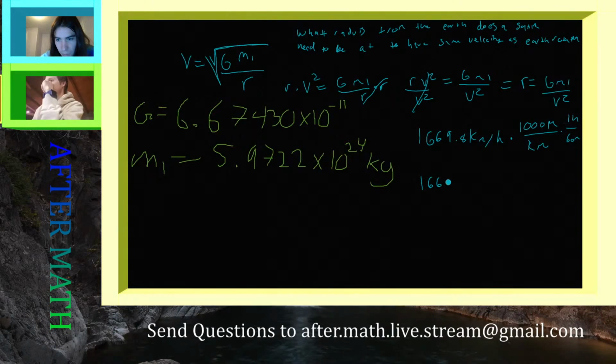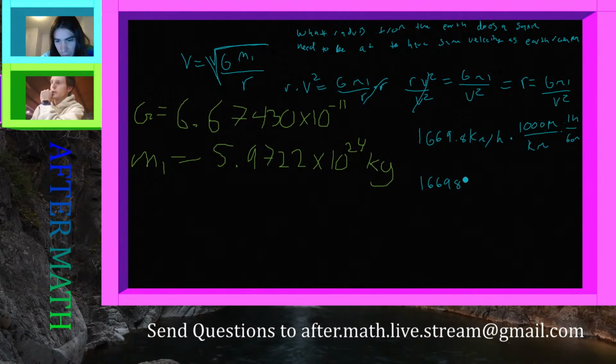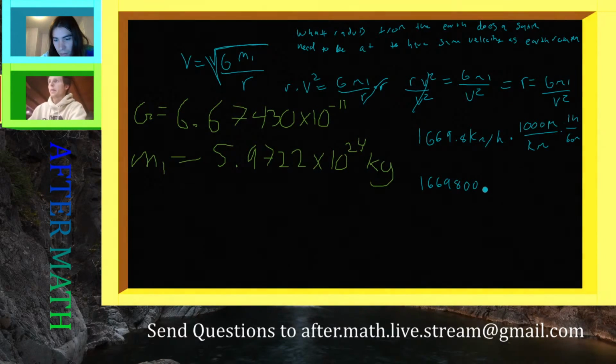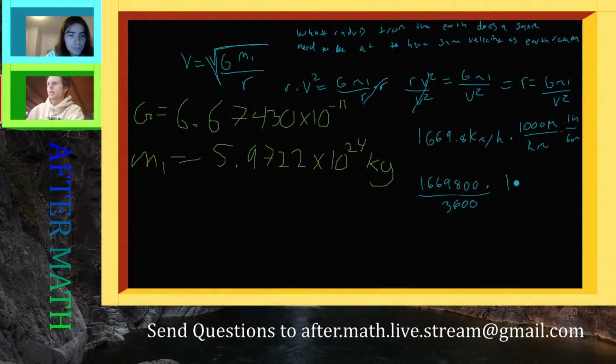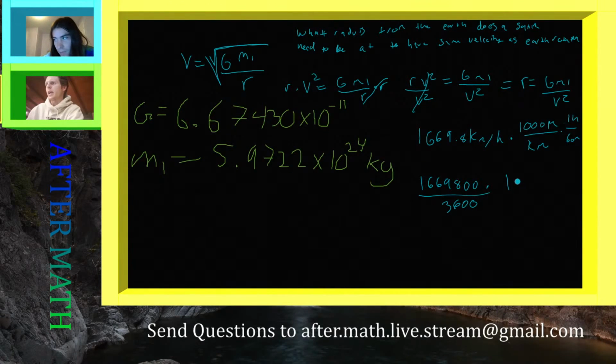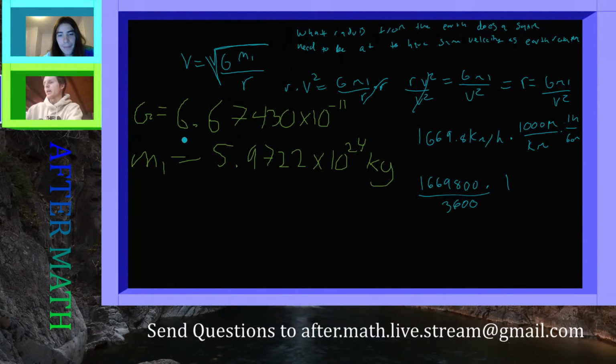Are we doing meters per second or meters per minute? Meters per second. Okay, so then this is going to be divided by 3,600. So 1,669,800 divided by 3,600.